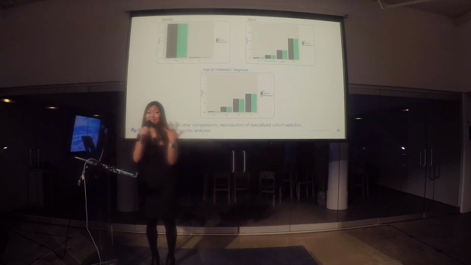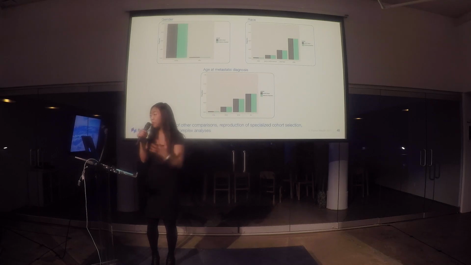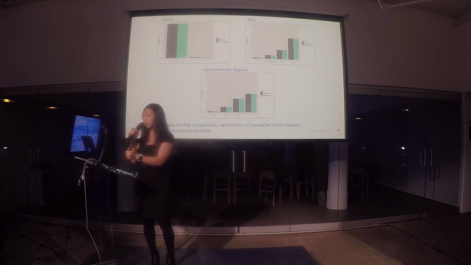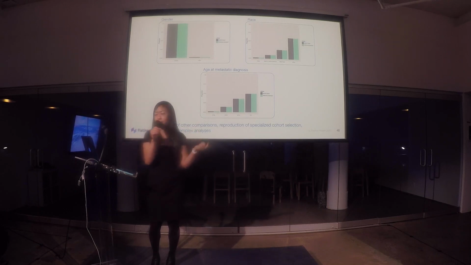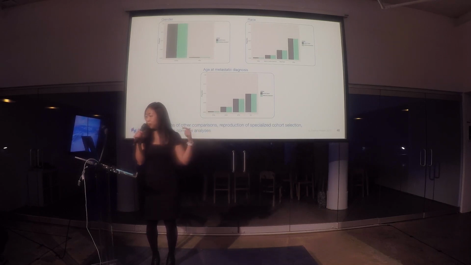Tangibly, to answer this question, we calculate and graph many domain-specific clinical variables. In these plots, for gender, race, and age at metastatic diagnosis, you'll see two bars per subgroup. The gray bar is the subpopulation found by the machine learning model, and the green bar is the golden data, what's found by human curation. You'll see across these three variables that I've chosen as examples that it's actually the same.